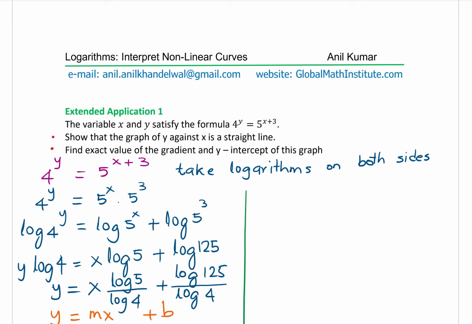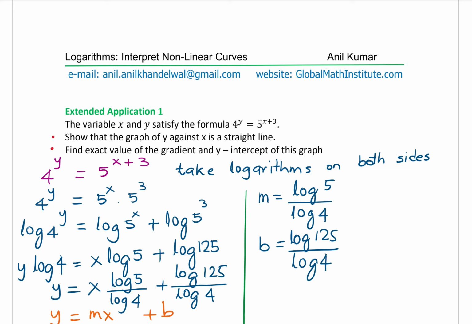If you relate it, you can write m as equal to log of 5 over log of 4, and the y-intercept b as equal to log of 125 over log of 4. Now, we want to show that the graph of y against x is a straight line.